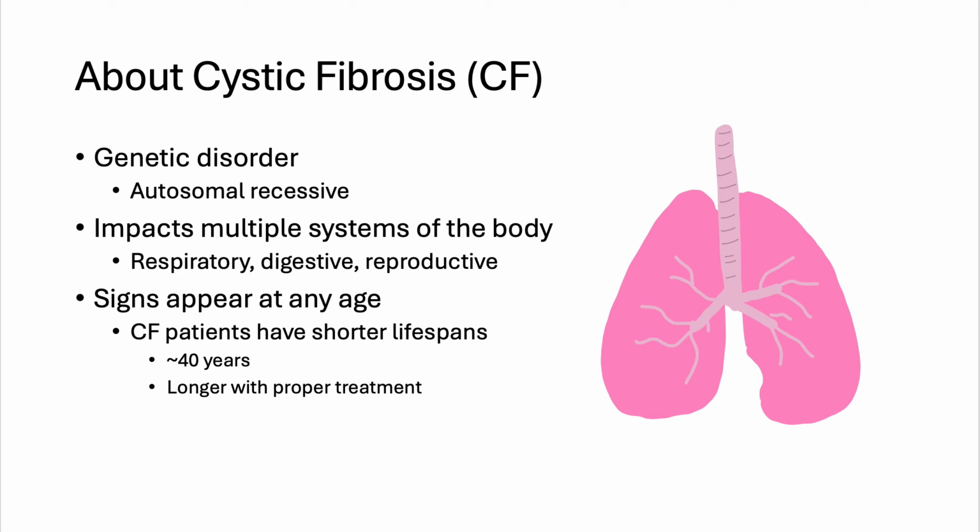Cystic fibrosis impacts not only our respiratory systems, but also our reproductive and digestive systems. It also leaves patients more vulnerable to infection. There's currently no known cure for cystic fibrosis, so it is unfortunately fatal. However, with new treatments being developed, the average life expectancy is increasing.